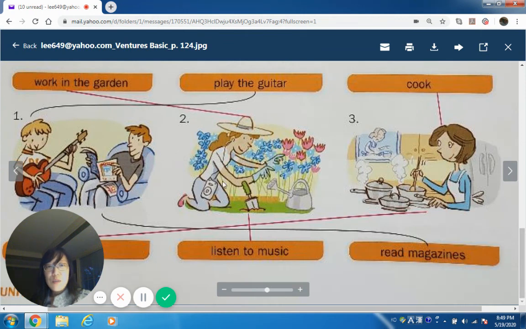So here's listening to music. She also likes to listen to music. He's reading magazines, and she watches TV. She also likes to watch TV and cook at the same time. She's a multitasker.